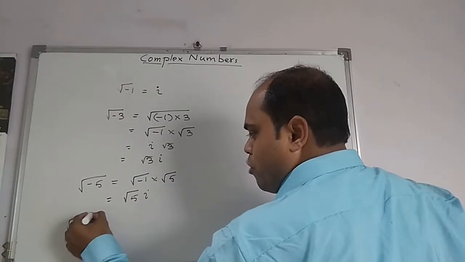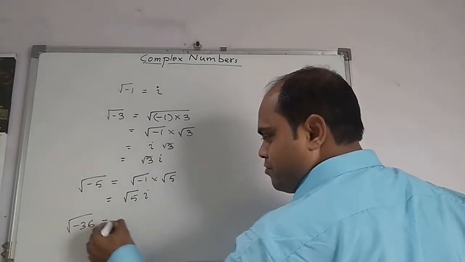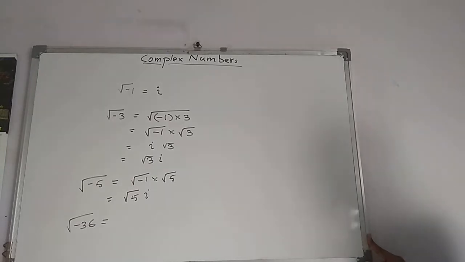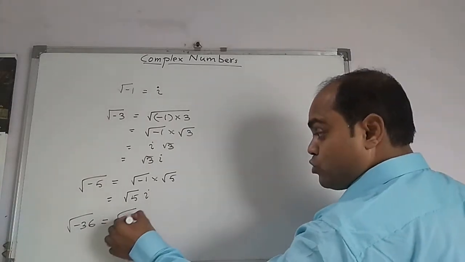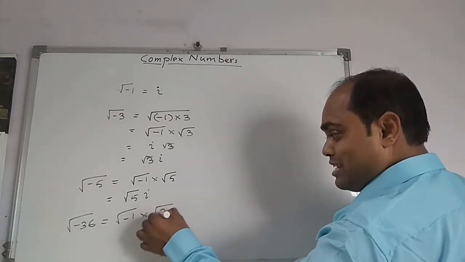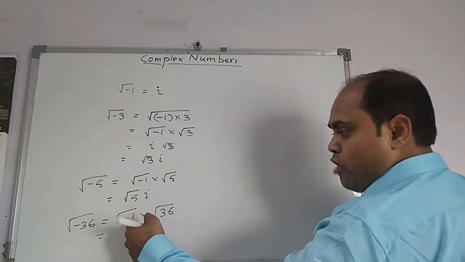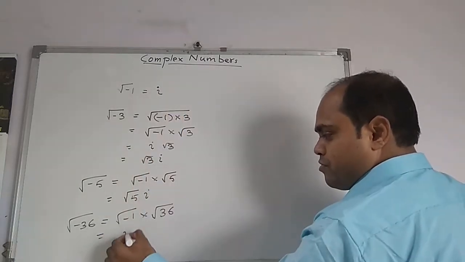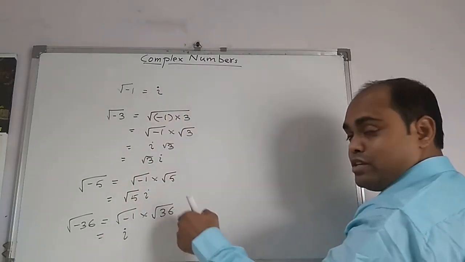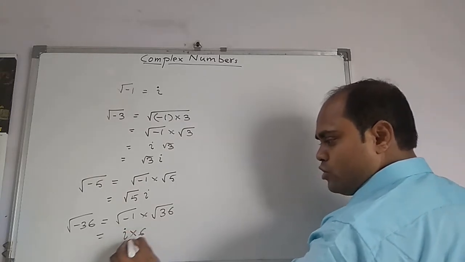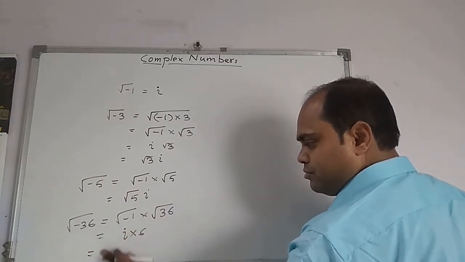Suppose we have square root of minus 36, then how can we write it in terms of iota? We can write it as square root of minus 1 multiplied by square root of 36, and square root of minus 1 is iota, and square root of 36 is 6. So we have 6 iota.